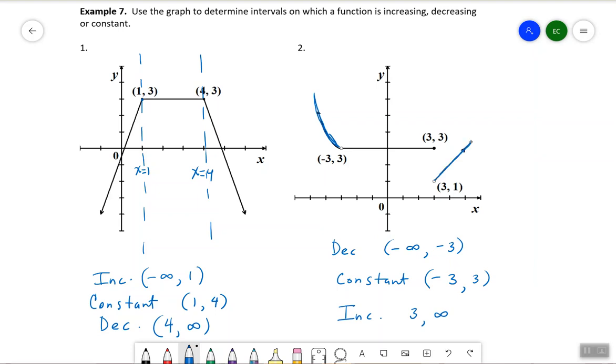Now we're going up again. The fact that there's a discontinuity, a jump here from the point at 3,3 to 3,1 doesn't matter for us. What matters is that to the left of 3, the function was constant, and to the right of 3, the function is now increasing. Okay, that's all for section 2.3.